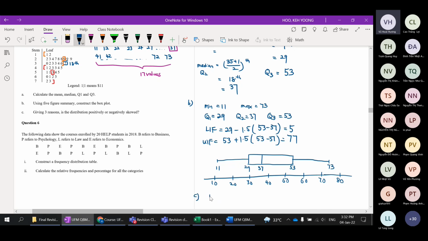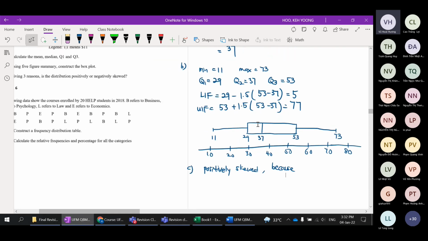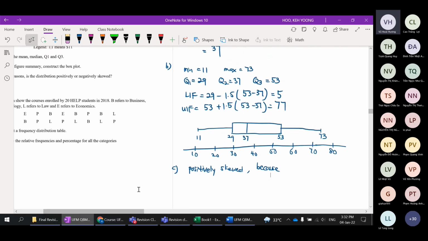The distribution is positively skewed, or skewed to the right. The question asks for 3 reasons, right? We can have 2 reasons from the box plot, involving Q1, Q2, and Q3.